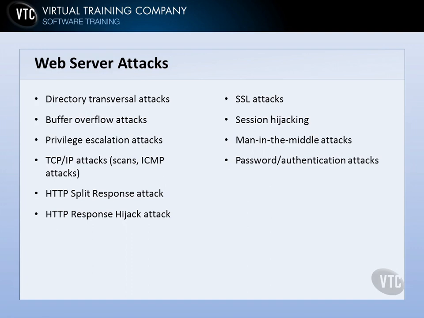Privilege escalation attacks. Frequently, you are allowed to log on to a web server using simple credentials, or even anonymously, and there may be flaws in the configuration that might allow you to escalate privileges to get administrative level or root level privileges over that box. And we've already mentioned the TCP/IP types of attacks, scans, ICMP attacks, SYN floods, and so forth.